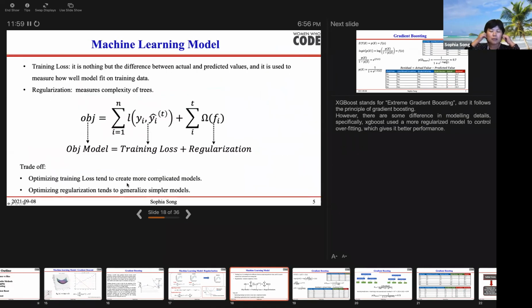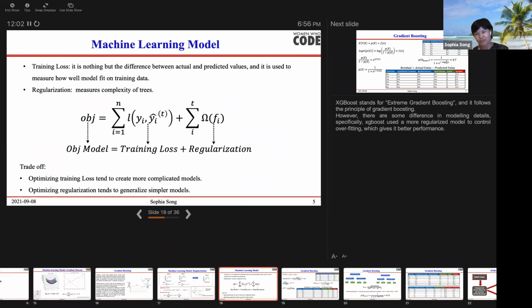So, also based on all the previous videos, I think we can get some ideas. For a machine learning model, we usually have an objective function, which includes two parts: the training loss and the regularization term. The training loss is nothing but the difference between the actual value and the predicted value, usually to measure how well your model performs.